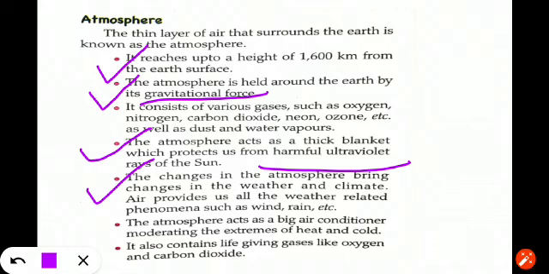Air provides us all the weather related phenomena such as wind, rain, etc. The atmosphere acts as a big air conditioner, moderating the extremes of heat and cold. It also contains life-giving gases, which is oxygen and carbon dioxide.